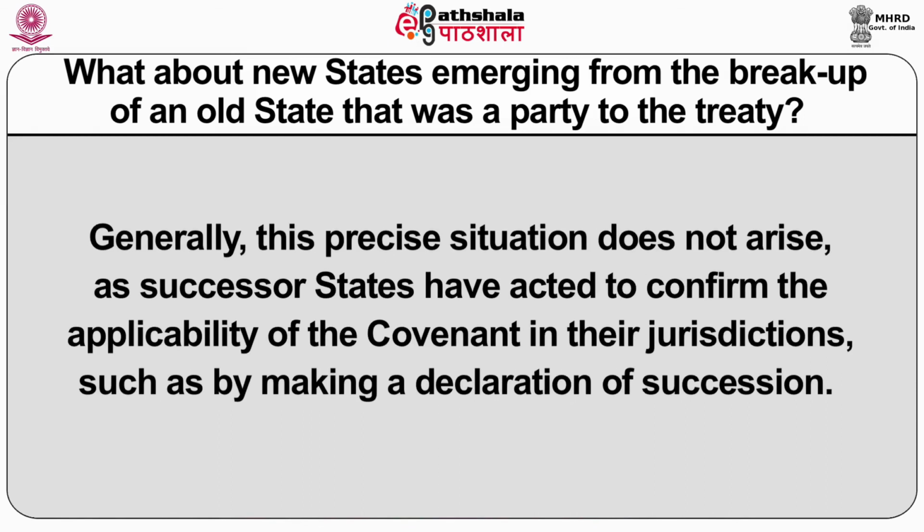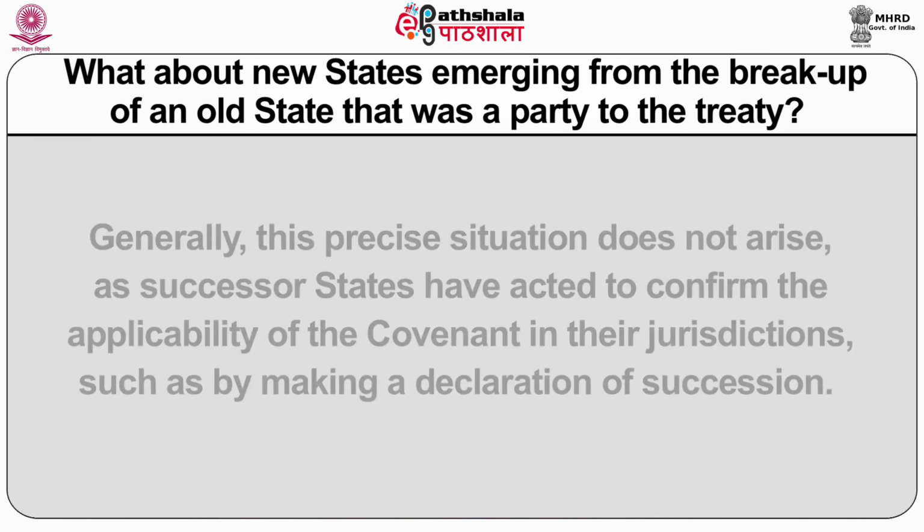Generally, this precise situation does not arise as successor states have acted to confirm the applicability of the covenant in their particular jurisdictions, such as by making a declaration of succession.